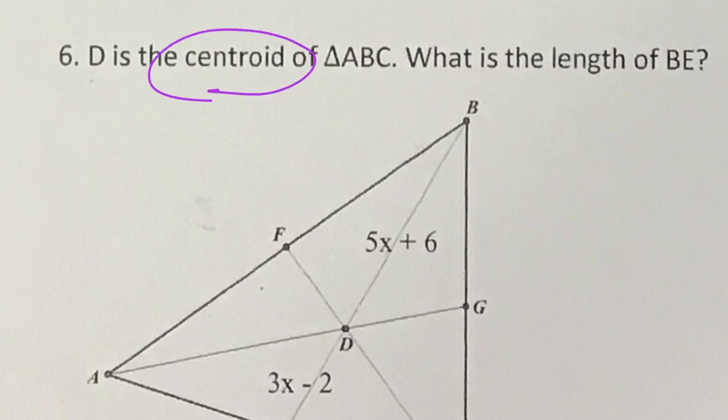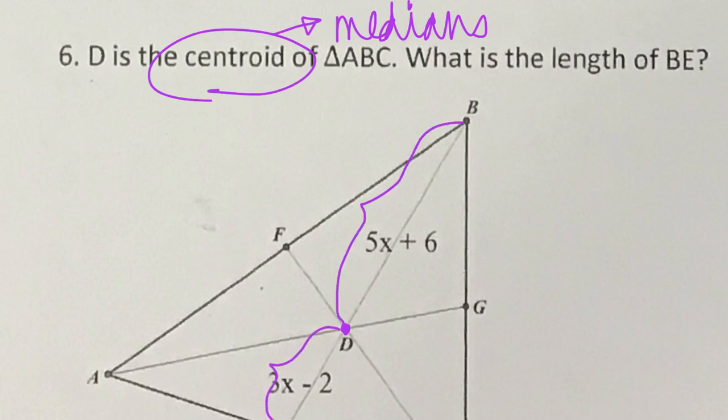D is the centroid. Right? What lines does the centroid go with? The centroid is the point of concurrency of the medians. Okay, so this was one of your properties, right? One of the properties of the centroid is that it cuts your median proportionally. So from yesterday, if you remember, how much longer is it from the centroid to the vertex than from the centroid to the midpoint?